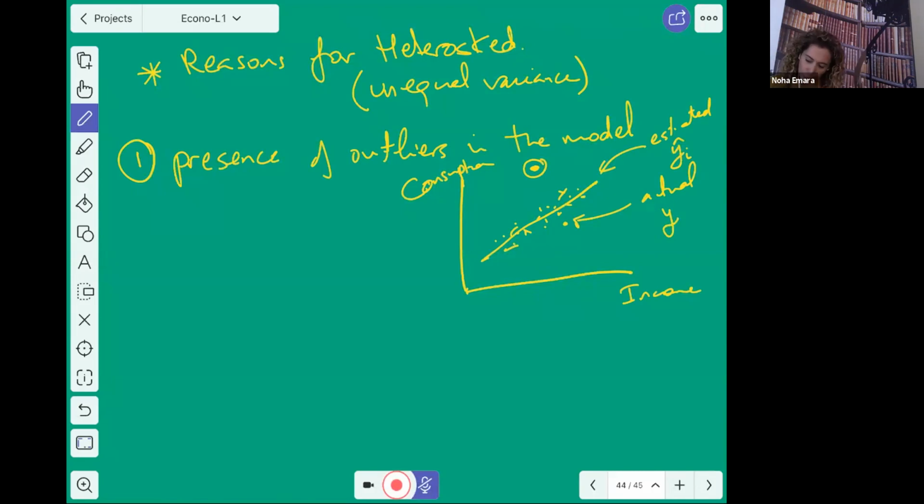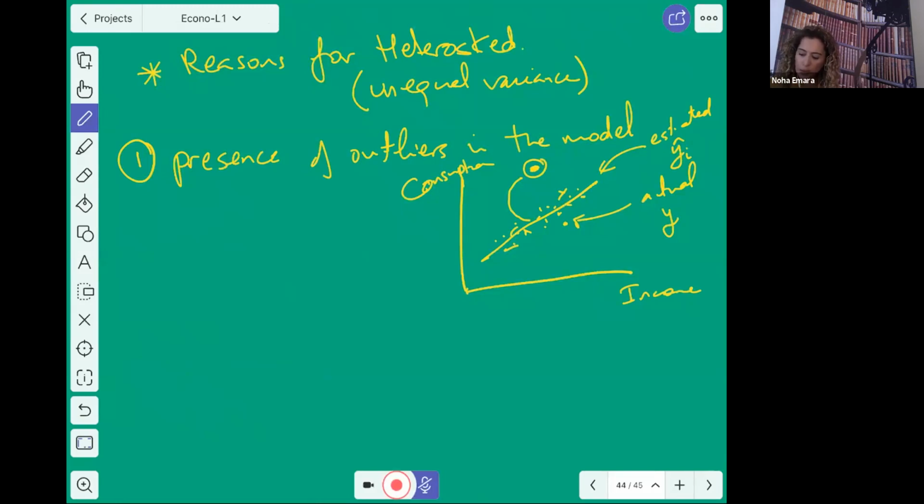So if I have a dot which is all the way far here, then it would give me an amount of errors which is huge, and would give me a misleading impression that, okay, I do have this observation that is far away from my regression line, and this means that I have a large amount of errors.